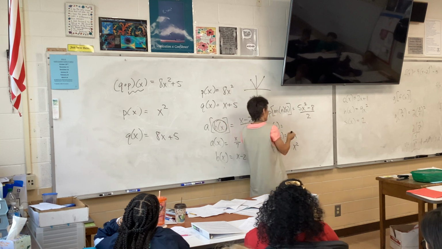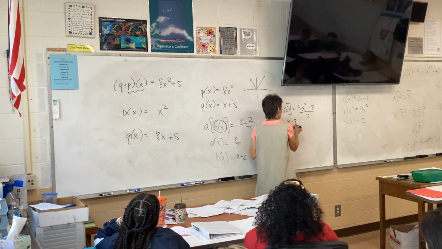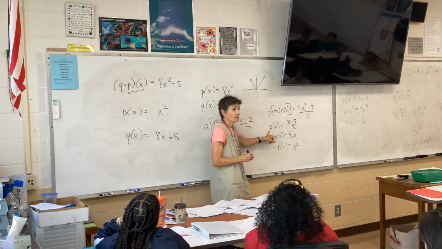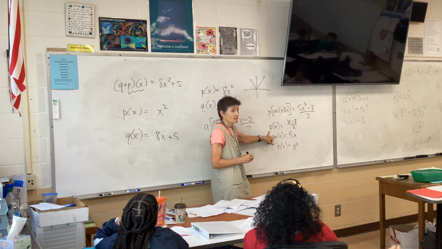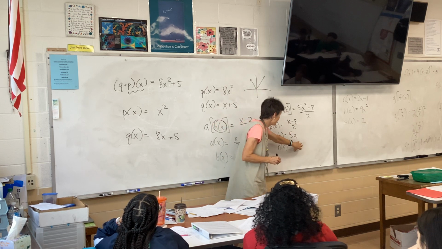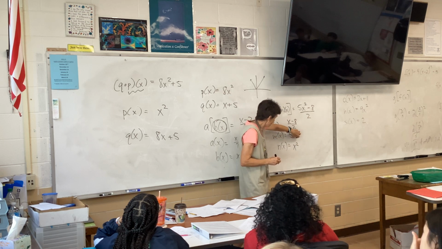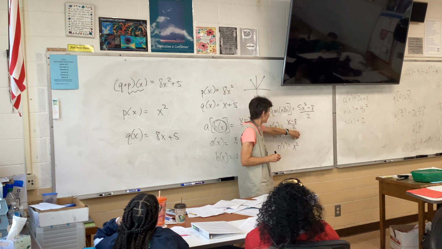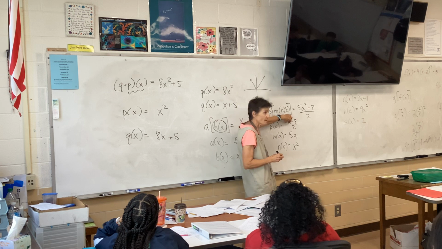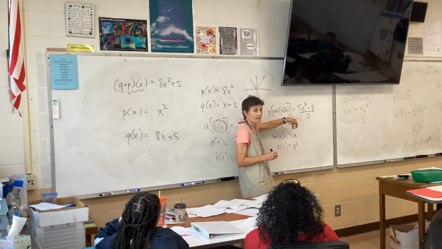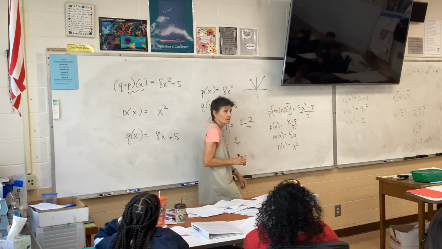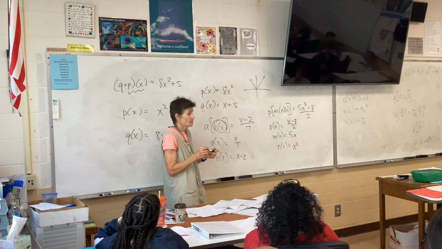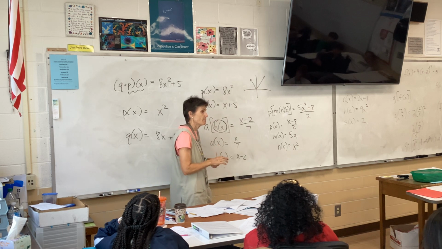So P is going to be the function that subtracts 8 and divides by 2. If you take this and put it into M, you get 5x squared. Then you take that and put it right here, and you get 5x squared minus 8 over 2. So there are multiple ways that you could do this. Multiple ways, grading nightmare.